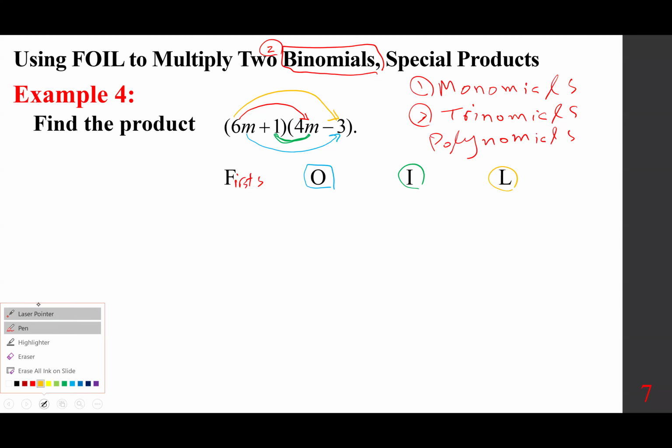So everybody knows that, but just so: 6m times 4m, that's the firsts. The outers, plus 6m times -3, plus the inners, 1 times 4m, plus the lasts.